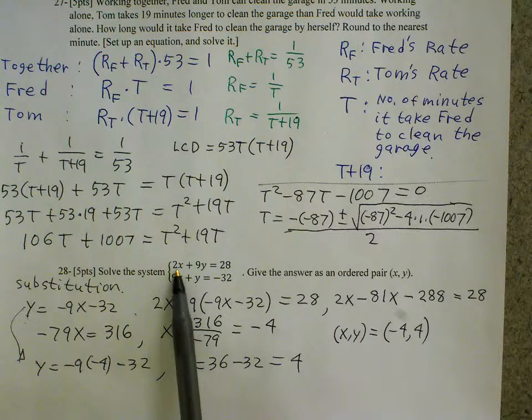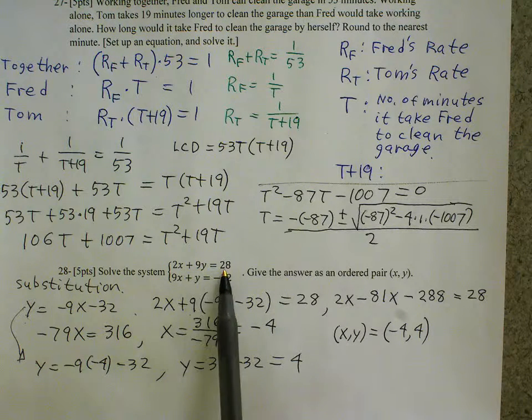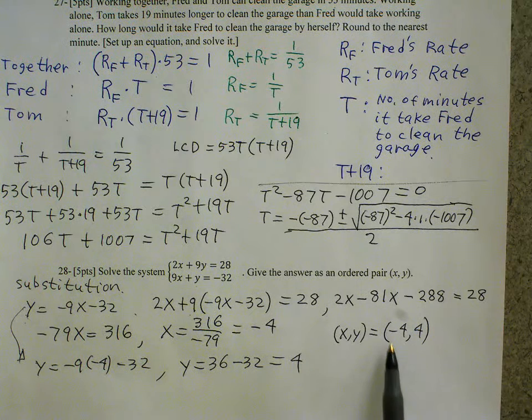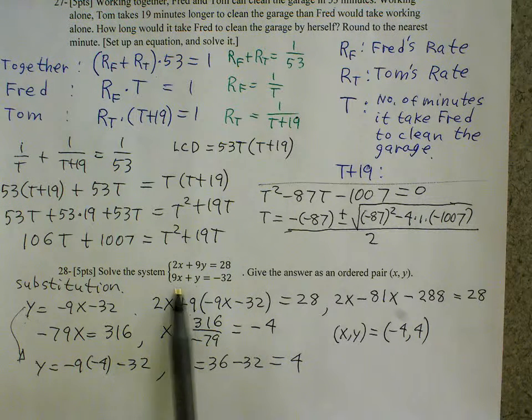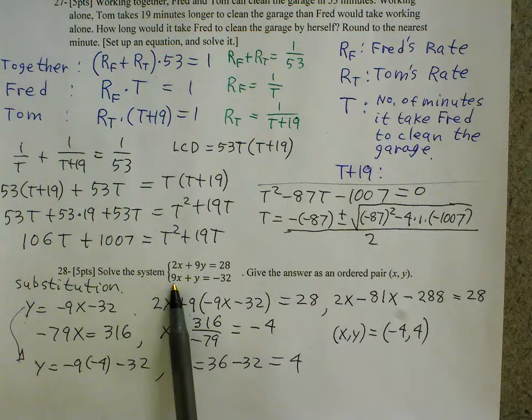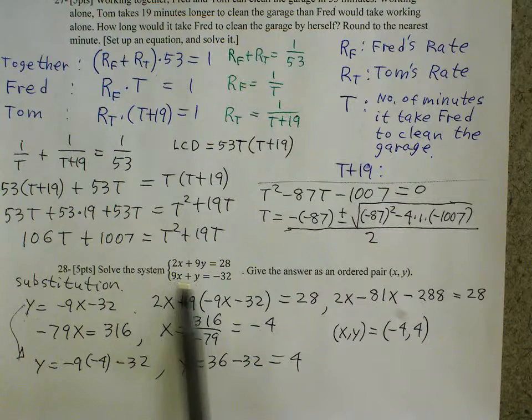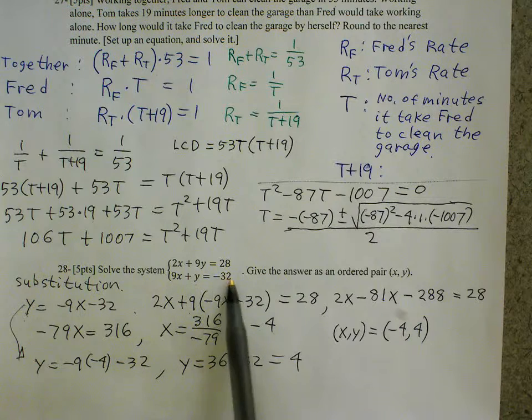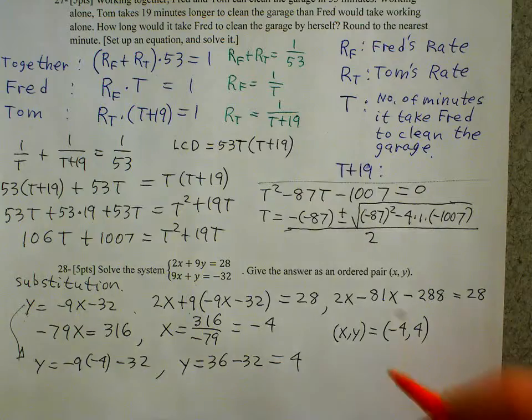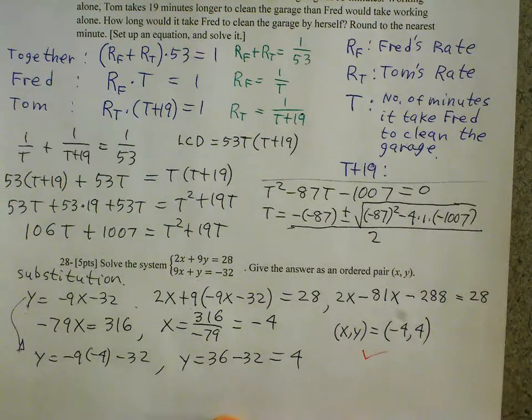And sure enough, negative 8 plus 36 equals 28. So it works in the top equation. In the bottom equation, 9 times negative 4 plus 4. 9 times negative 4 is negative 36. Negative 36 plus 4 equals negative 32, which is also correct. So we checked that, and it worked out.